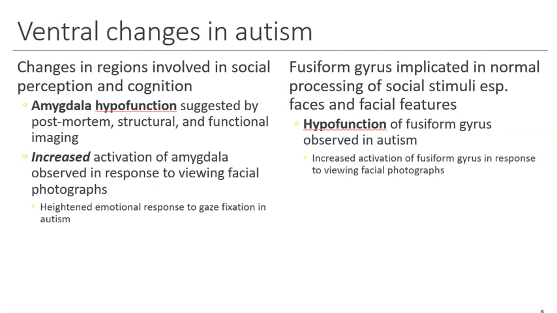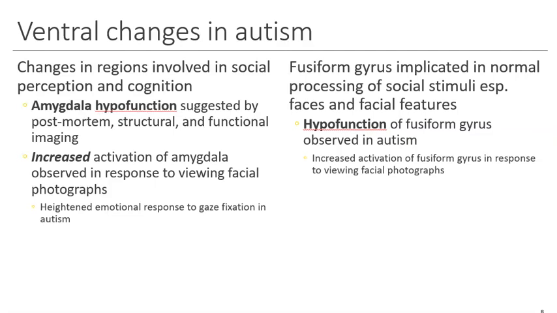We see increased activation of the amygdala observed in response to viewing facial photographs. So this shows the heightened emotional response to gaze fixation in autism. So again, why some autistic patients don't do eye contact, and why they just stare at certain things.